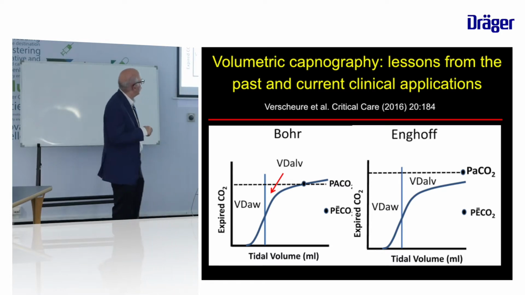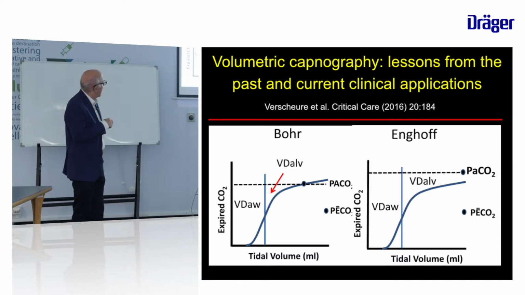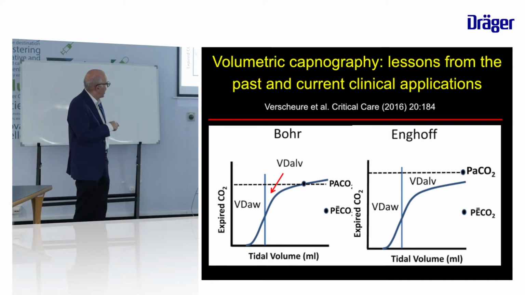You know that there are two methods. This is the expired CO2, this is the tidal volume. This is the curve of expiration. Usually, you have automatic information about the anatomical dead space from the middle of the initial phase of expiration here.